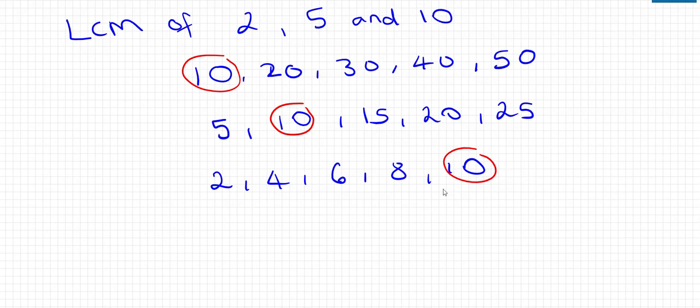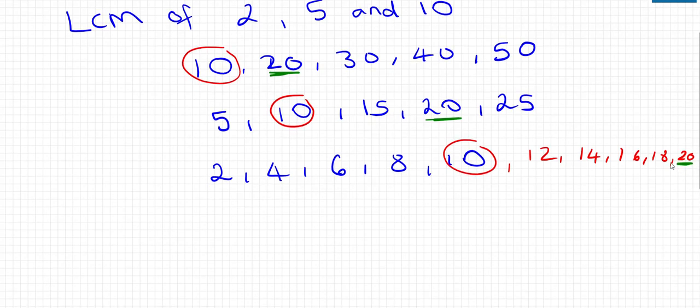Now if I kept going with my 2s, just say I said okay, 2, 4, 6, 8, 10, 12, 14, 16, 18 and 20. We can also see another common multiple. Okay, I can see I have 20 over here, 20 over here with my multiples of 5, and then 20 is a multiple of 2 as well.